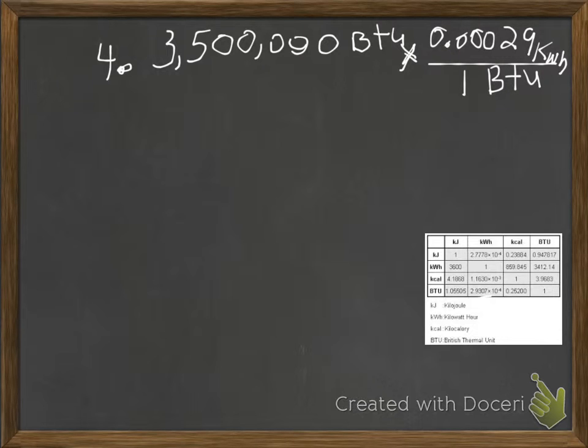Because I'm cross multiplying, my BTU units are going to cross out, and when I times this number, I will get my answer in kilowatt hours. Alright, so I'm going to clean up this page, and then I'll do it dividing so that you can see the other way to get the same answer.